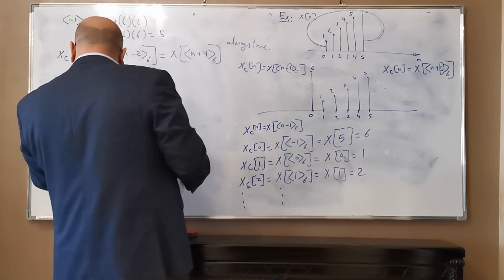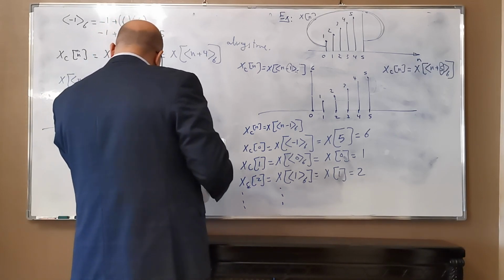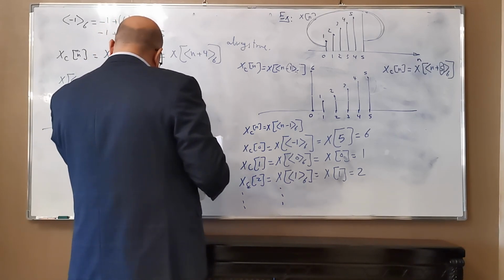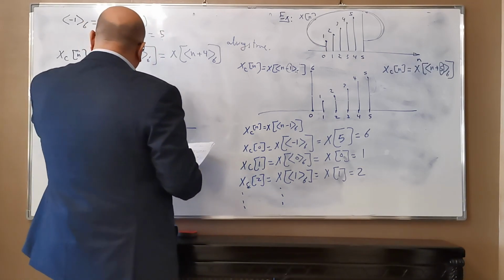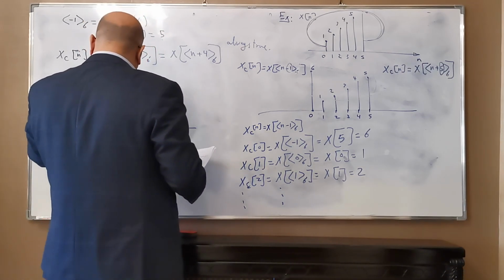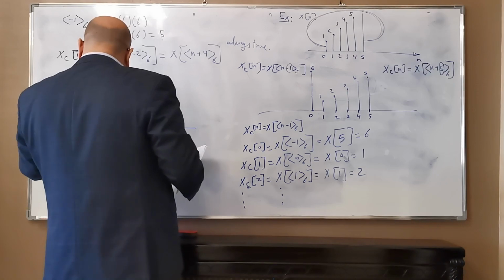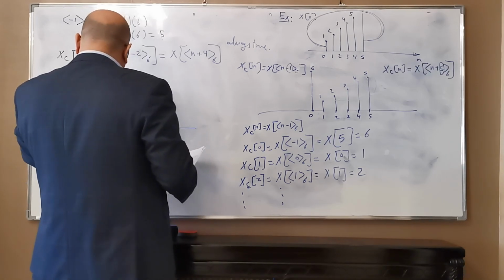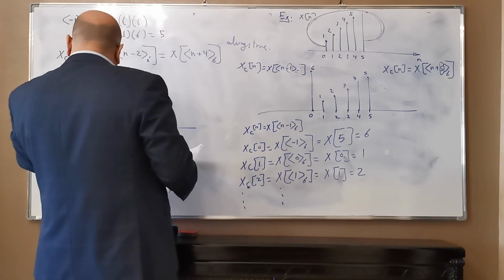So this is 0, 1, 2, 3, 4, and 5. So you have here 1, here 2, 1, 2, and then you have here 6, 5, 4, and 3.